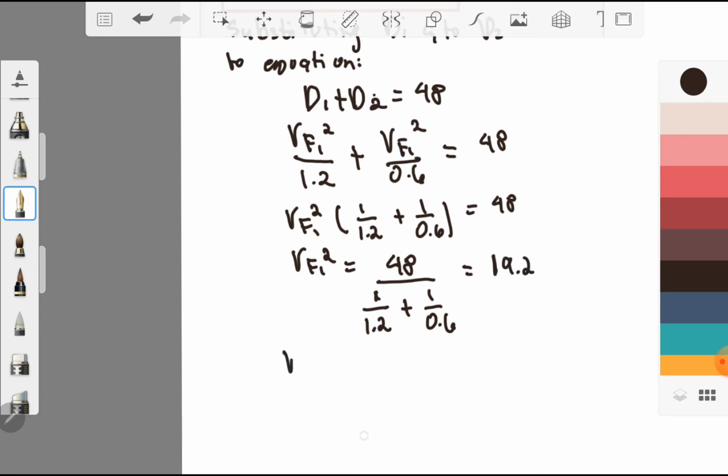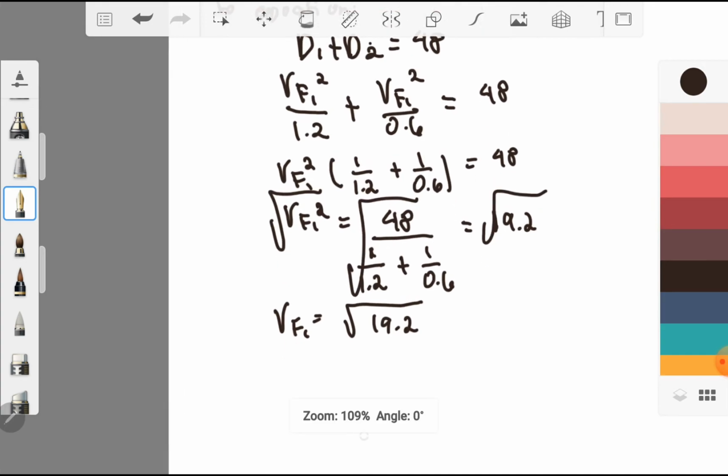Therefore, our VF1 will be equal to the square root of 19.2. Bakit natin square root? So, getting the square root of both sides, para mawala yung square natin. Positive, negative yan, but basically positive yan.